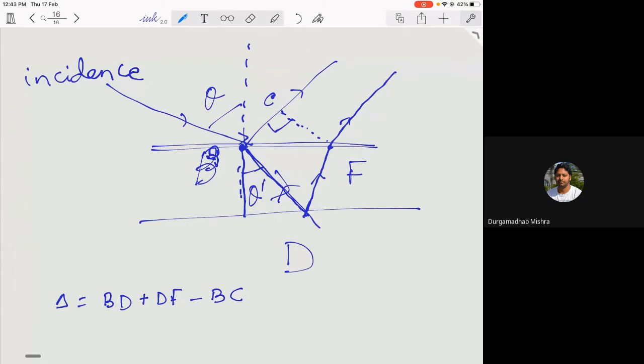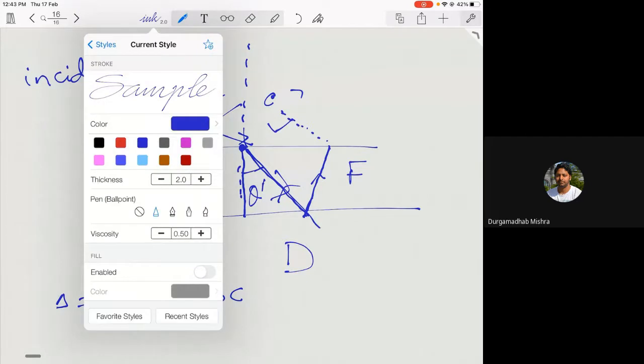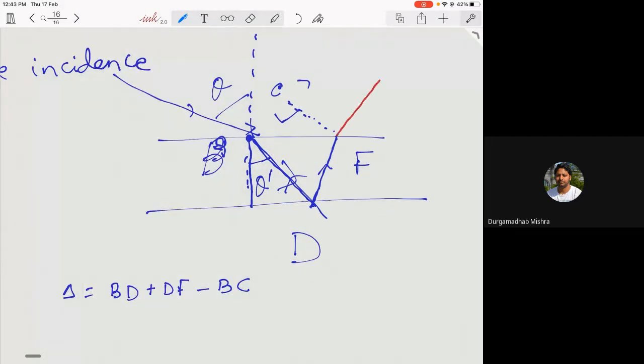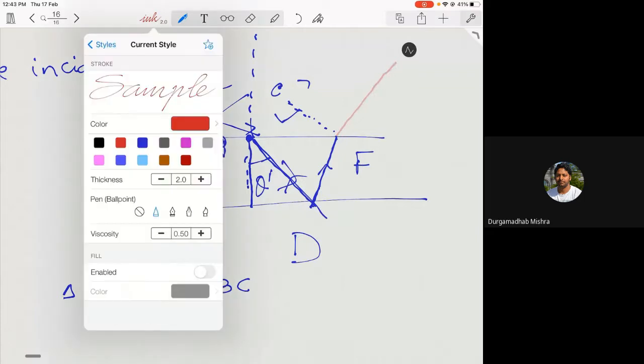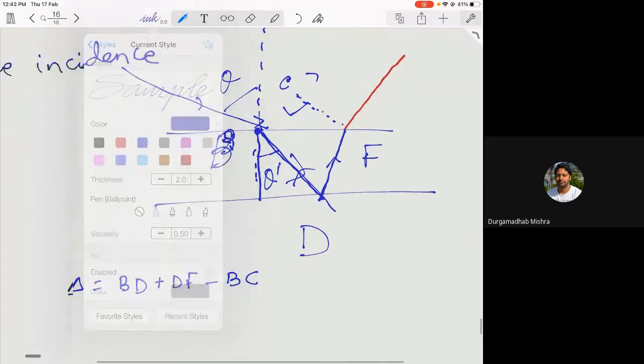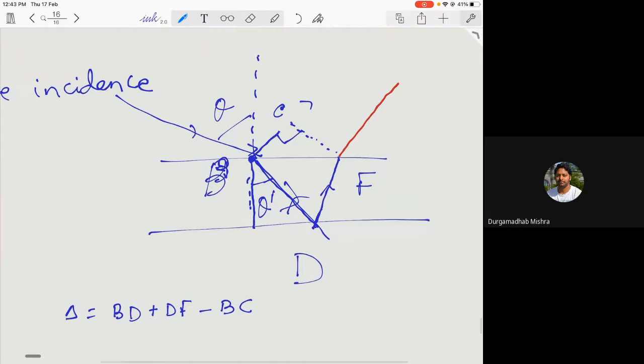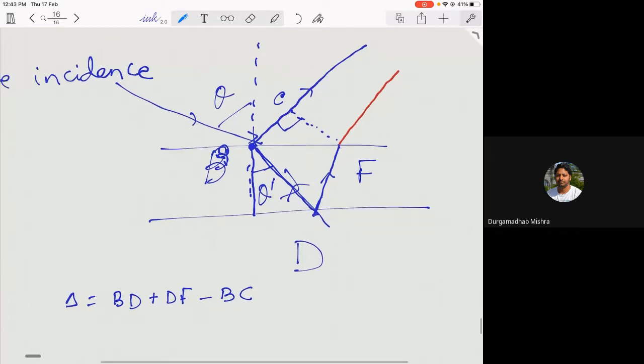The wave which is represented by this one, this is the blue one, which is the normal reflected light. So what is the path difference between the blue and the red one?